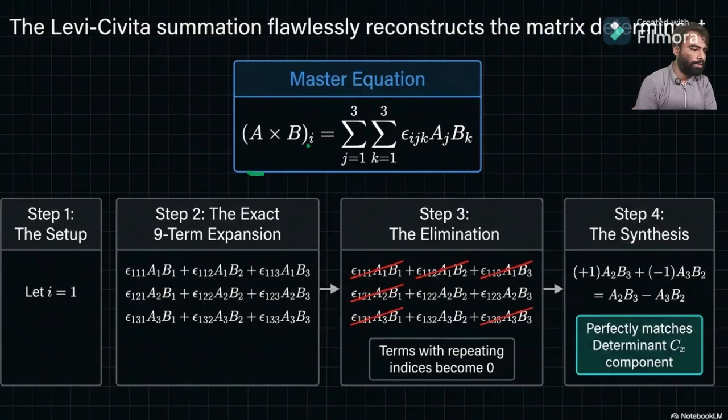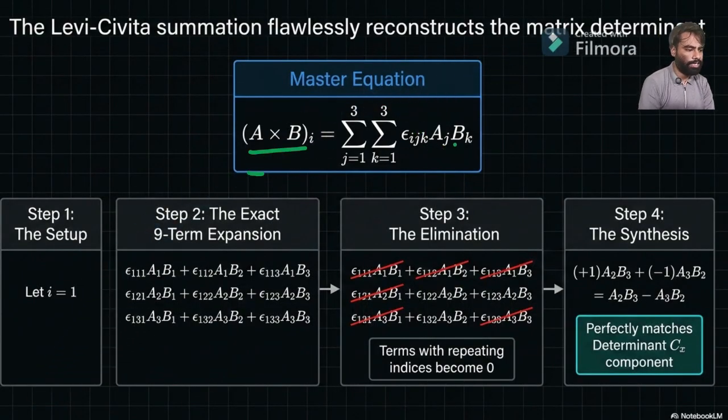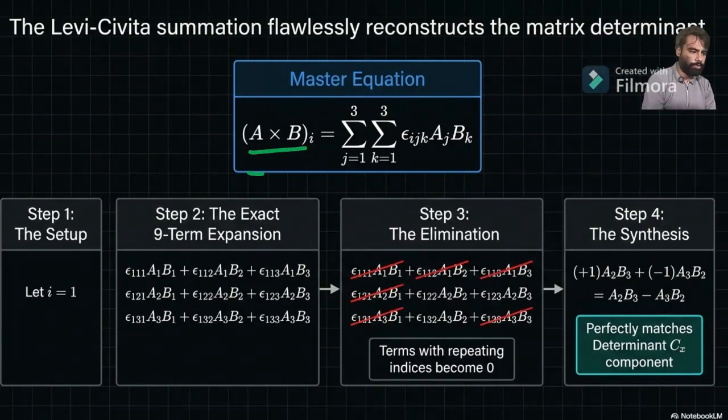Like this, we are doing the i-th component of a cross b. So what is our main equation? The sum over j from 1 to 3, the sum over k from 1 to 3, epsilon ijk aj bk. From here we can find the cross product as well. Let's see how.